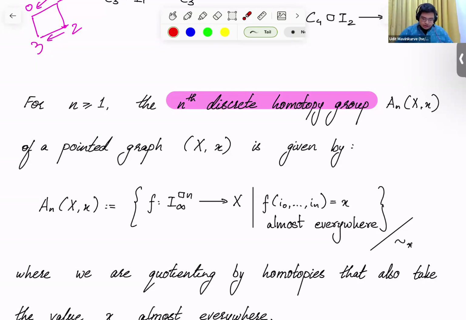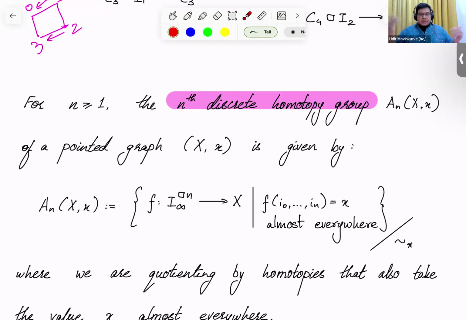So you impose the condition that at all but finitely many points in the domain, it has to take the value of the base point x. So I'm just calling it, it has to take the value x almost everywhere. What I mean by that is it does not take the value x at most finitely many vertices. Even though this graph is infinite, we're going to impose this finiteness condition.